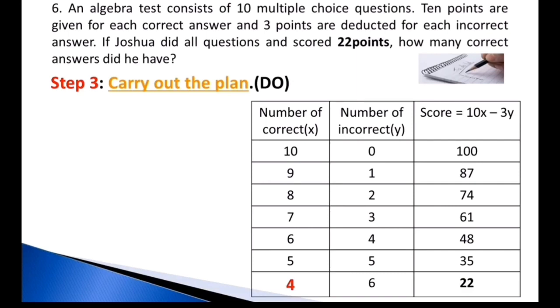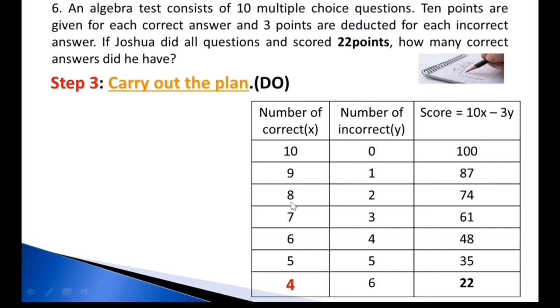So 10 is the number of correct, 0 is the number of incorrect, so 10 times 10 is 100, minus 3 times 0 is 100. Okay, so that is 100 minus 0 is 100. So right now, if you make it 9 as correct, and of course 1 to make it 10, so 9 times 10 is 90, 1 times 3 is 3, then 90 minus 3 is 87.